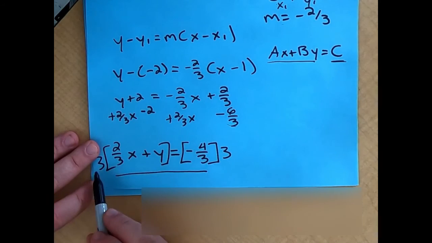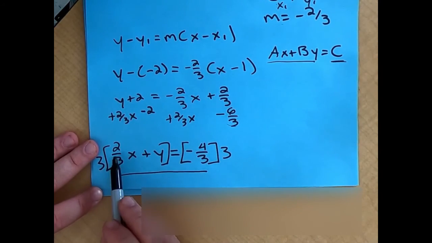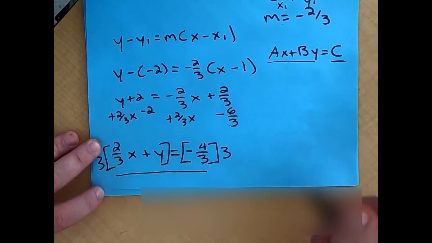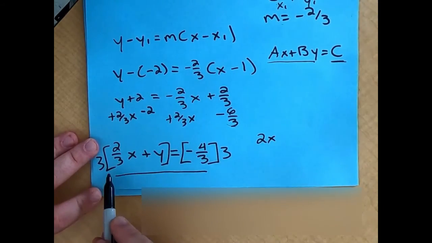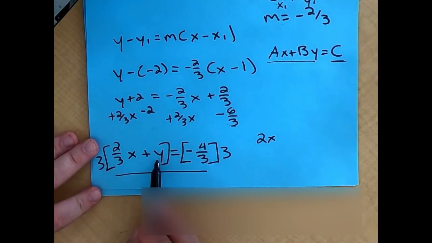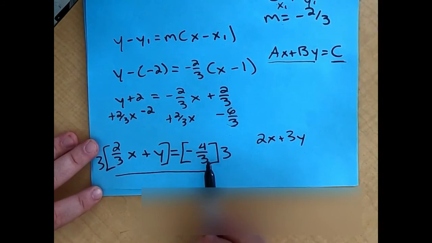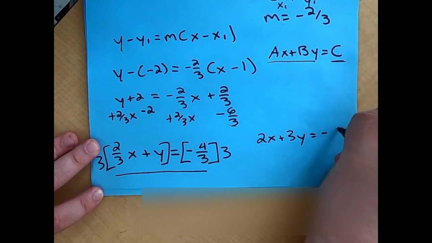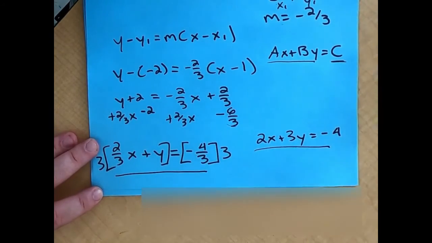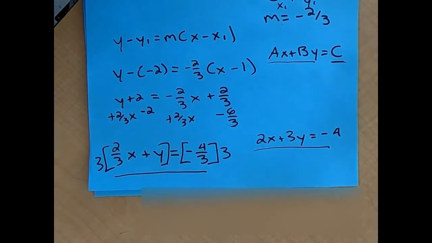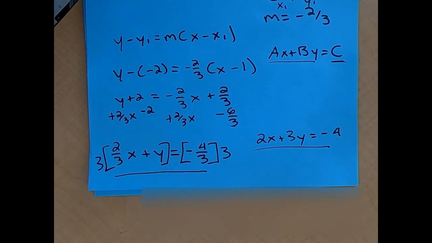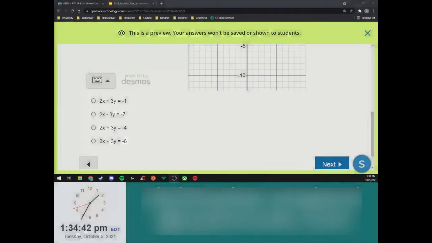So now I need to distribute this 3. Well, 2/3 and 3, the 3 cancels, so I have 2x. I distribute the 3 to the y, plus 3y, negative 4/3 times 3. The 3's cancel, I'm left with negative 4. That's more in the form that my answers are, right? So I look over, I get 2x plus 3y equals negative 4.